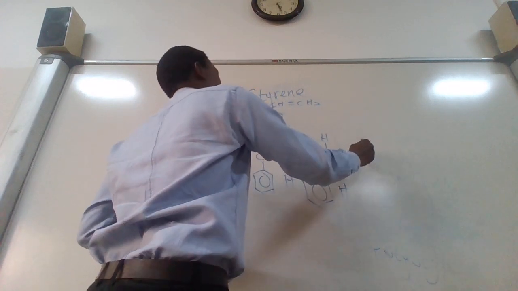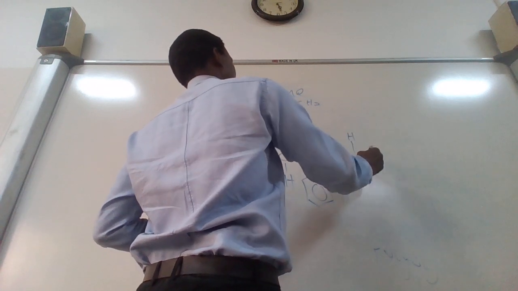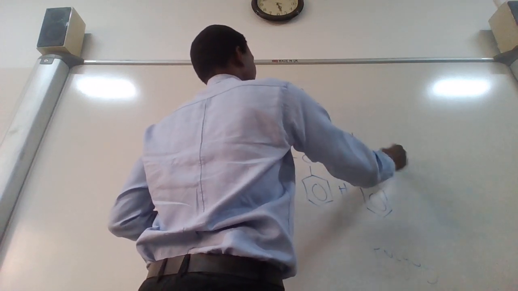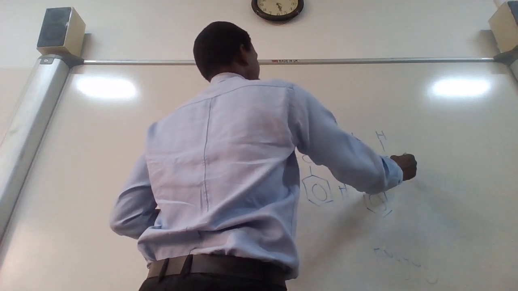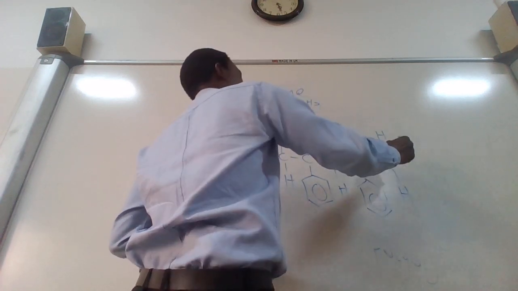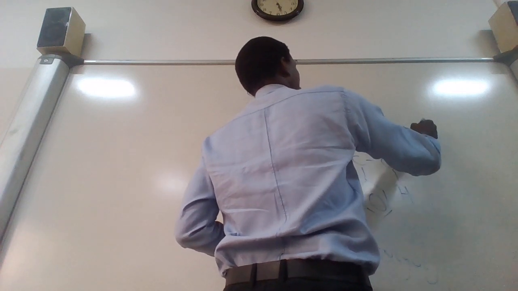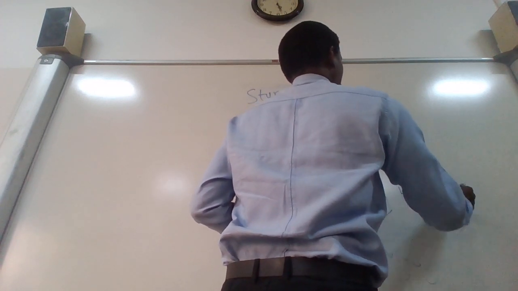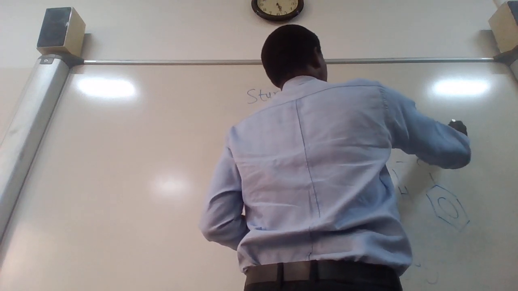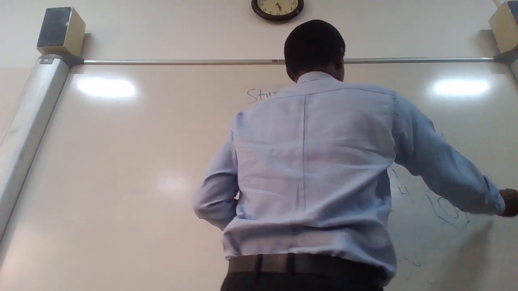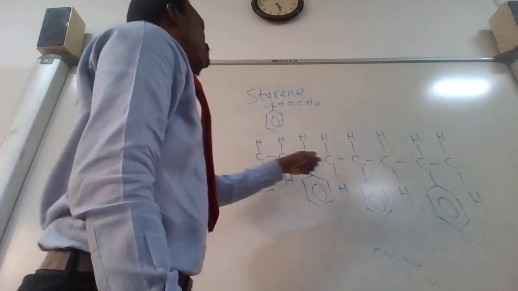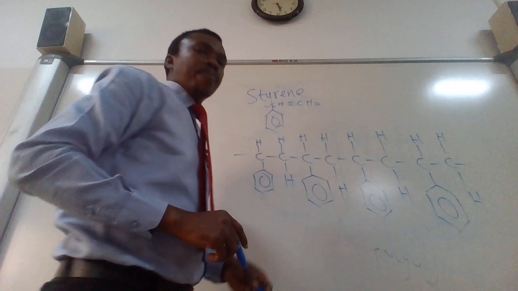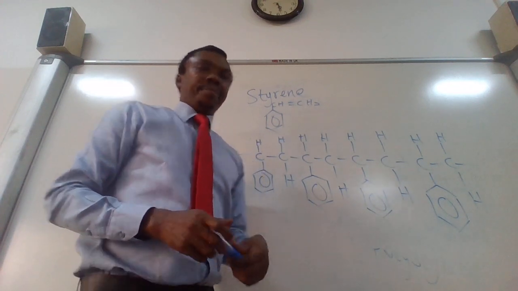This is 2. This is 3. So this is 4. 1, 2, 3, 4. So this is 4 repeat units of polystyrene.